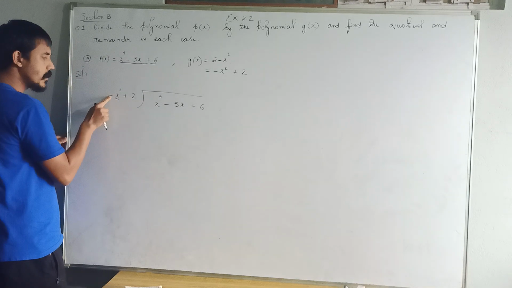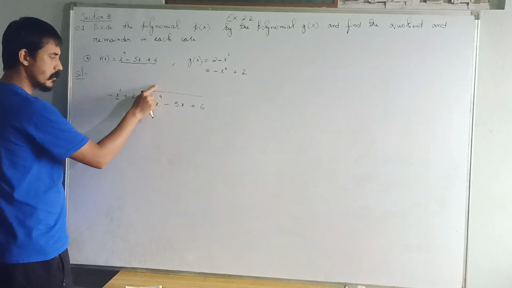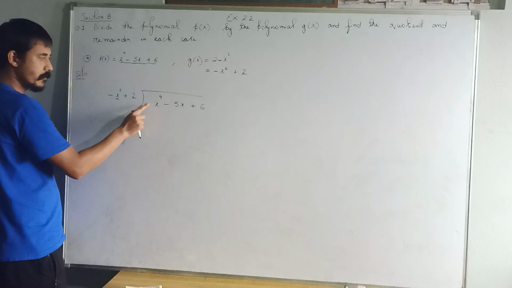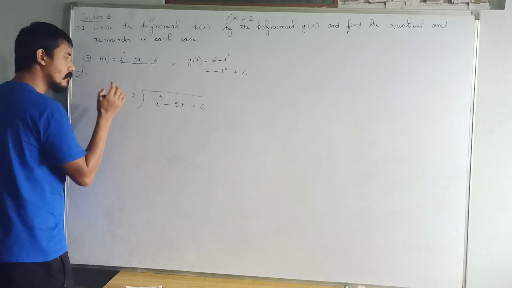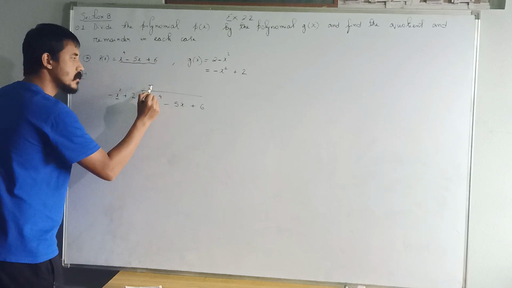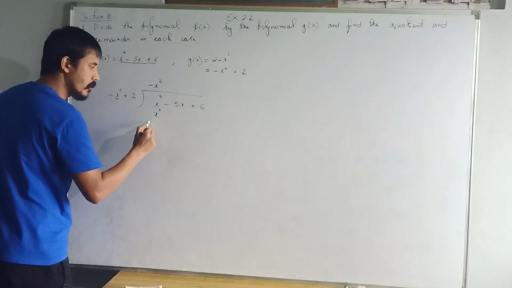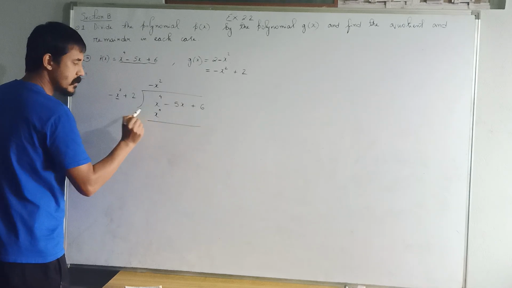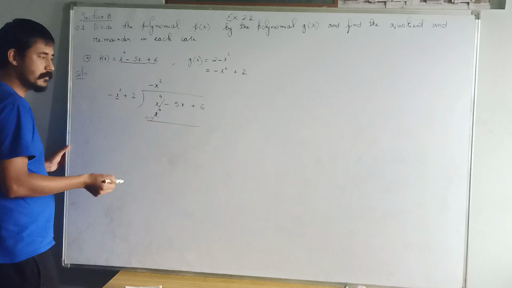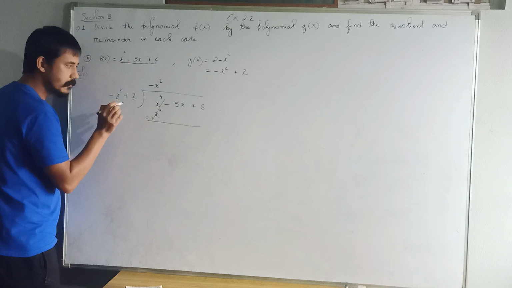So minus x squared multiplied with which term gives you x to the power 4? Minus x squared. First, minus into minus gives you plus. X squared into x squared gives you x to the power 4. We are subtracting. As this is positive, you make it negative. Cancel out.